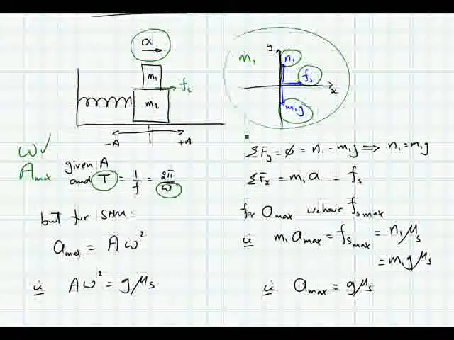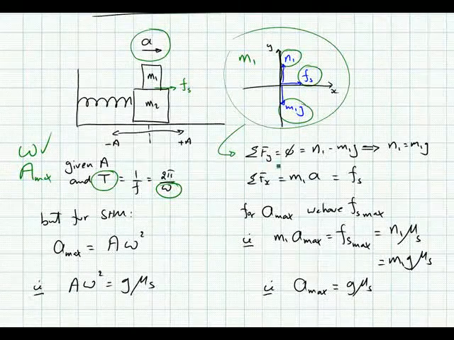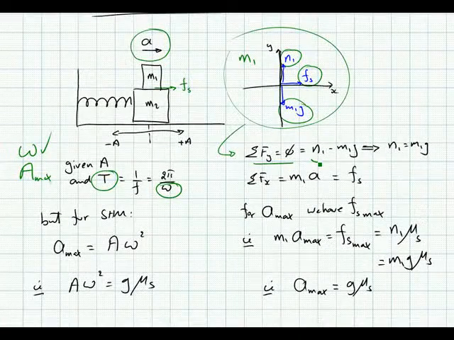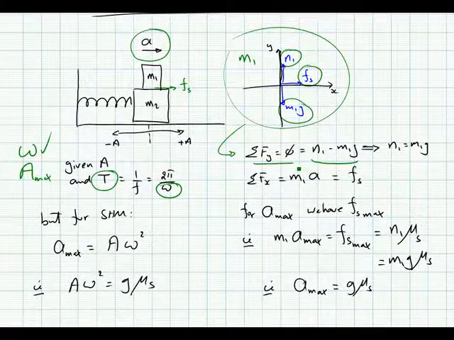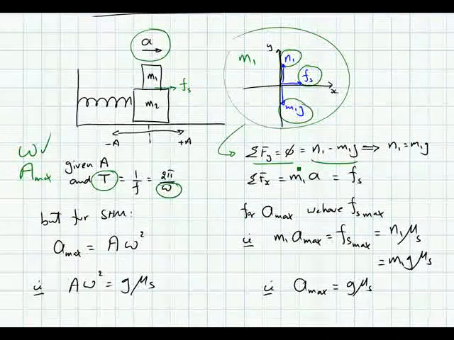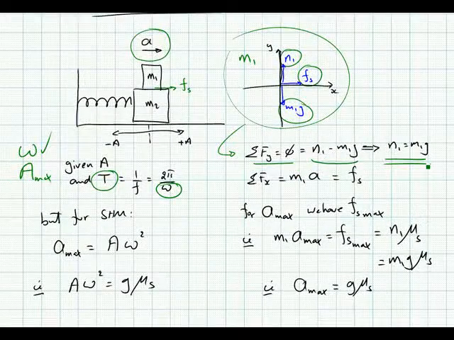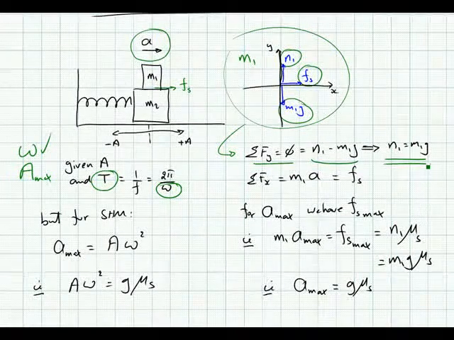Now, doing a Newton's second law analysis for the forces along the y direction, the net force is equal to 0, of course. We have N1 minus M1g along the y, which means that the normal force on mass 1 is equal to M1g.